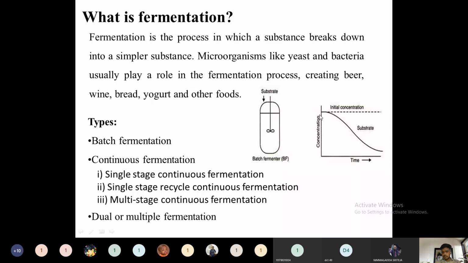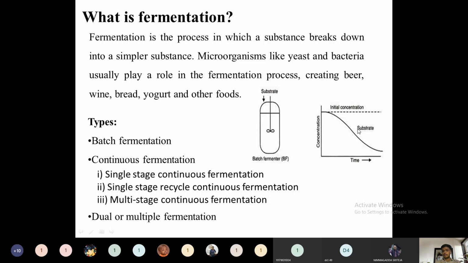As you can see here, the concentration versus time graph. Initially the concentration of any type of biomass, whether liquid or solid, or the liquid reactants, will be very high. As soon as we add the microorganism, the concentration will decrease. In enzyme terminology, a substrate is nothing but a reactant.